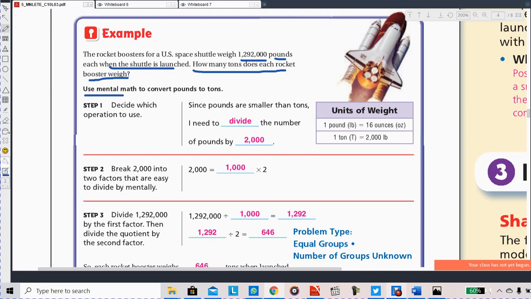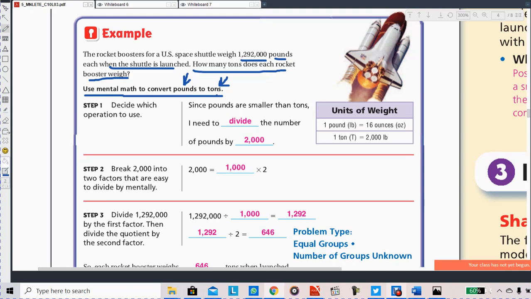You're going to use mental math to convert pounds to tons. So to convert from pounds to tons, let's think about it. Big to small, or small to big? Yes, small to big because pounds is smaller than ton.